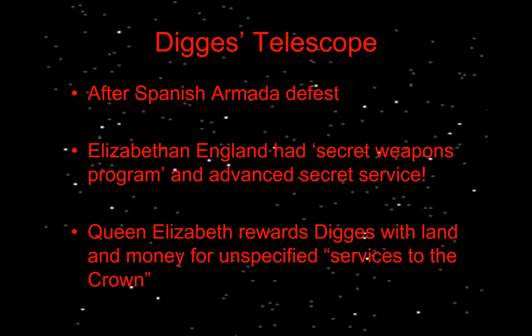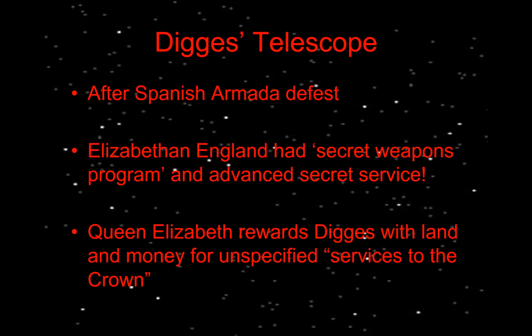It's thought Digges was developing optical devices for the Crown to be used in this secret war. So Queen Elizabeth at some point rewards Digges with a lot of land and a lot of money for unspecified services to the Crown.